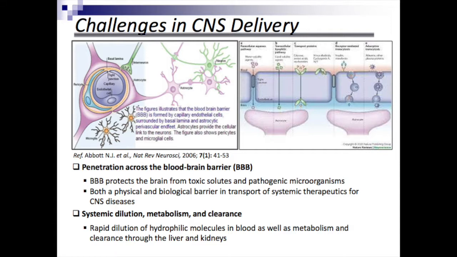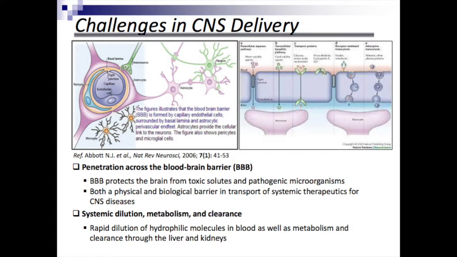The other biological barrier at the blood-brain barrier are enzymes that basically degrade molecules, and biological therapeutics, especially peptides, proteins, and nucleic acids, are highly susceptible to degradation by enzymes. So crossing these molecules across the endothelium and into the brain becomes incredibly challenging.